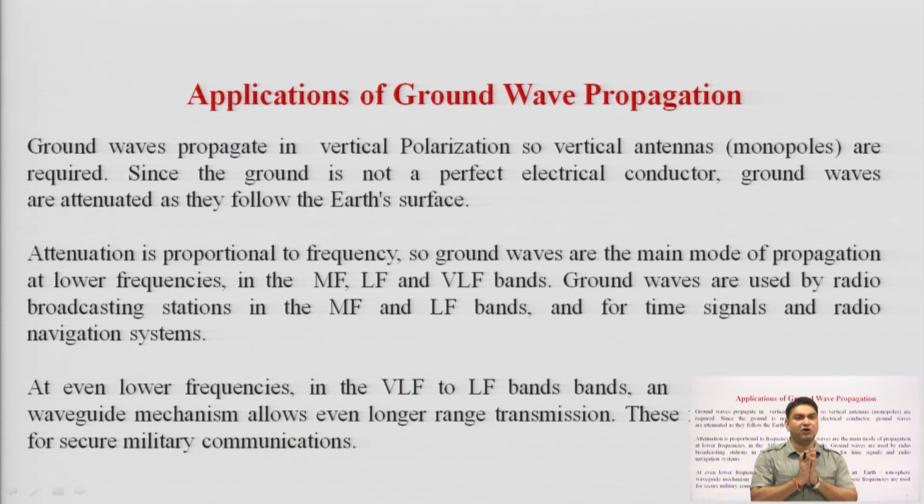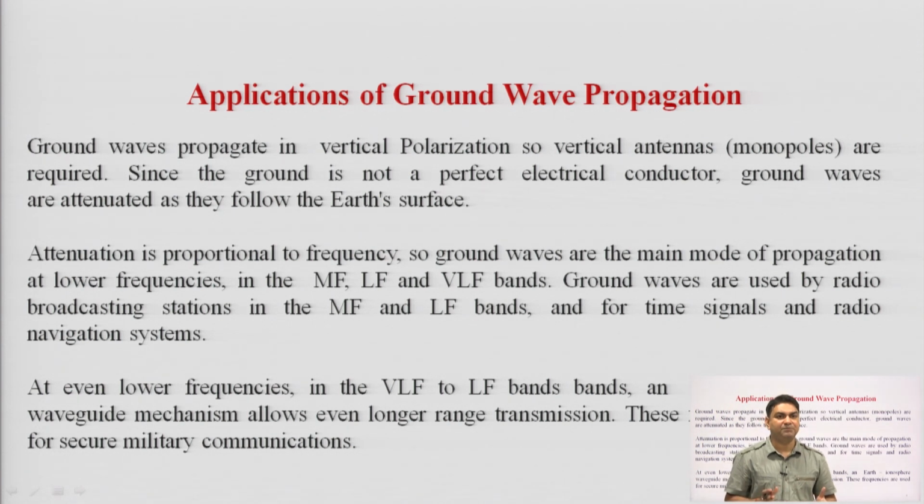Since the ground is not a perfect electrical conductor, ground waves are attenuated as they follow the earth's surface. Attenuation is proportional to the frequency. Obviously, you know about the attenuation. Attenuation is a form of signal loss, where the more attenuation, the more loss of the signal is happening.